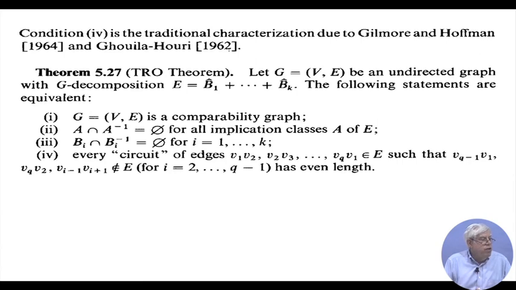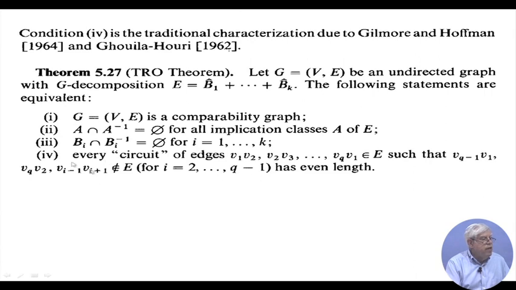If G is an undirected graph, and we have this decomposition into implication classes, then G is a comparability graph, has a transitive orientation, if and only if the implication classes are mate-wise empty, the forcing classes are mate-wise empty, and every circuit of edges V1, V2, V2, V3, and so on, such that you don't have triangulated chords, must have even length.